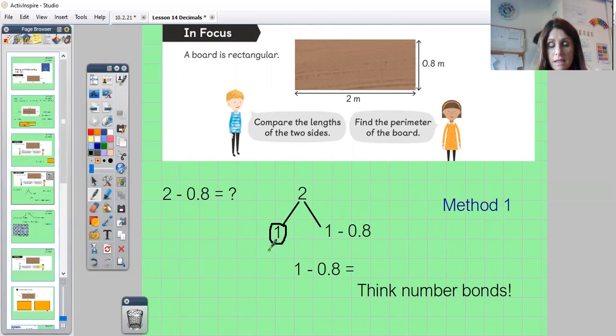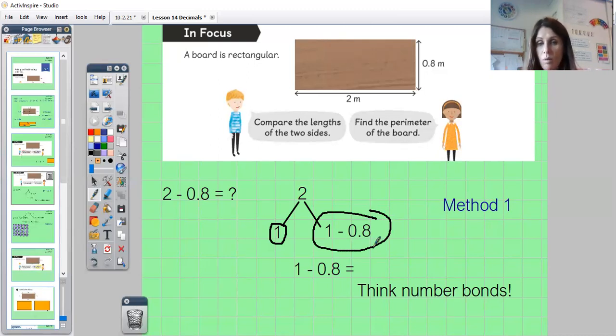So that one is protected. We don't need to touch it. And this one here, we're saying 1 minus 0.8. So this is thinking about what you did yesterday, where we're thinking about combinations of numbers that go together to make 1. Hopefully, from your work yesterday, you remember that 0.8 plus 0.2 is your number bond that makes 1. So 1 minus 0.8 is 0.2.